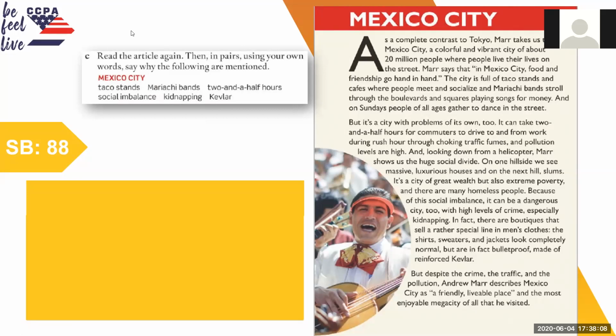Hello, Pablo. What can you tell us about taco stands in the text? Why is it mentioned? The city is full of taco stands and cafes. Great, thank you, Pablo. Okay.